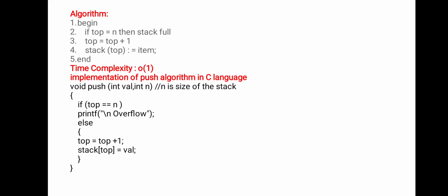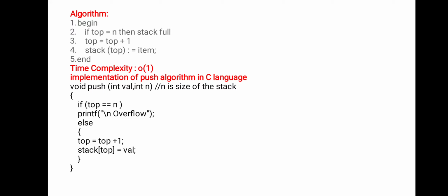Otherwise, if the stack is not full, meaning it contains some empty places, at that time we increment the top position by 1 and insert the new element into the stack, and end. That is the algorithm, and the time complexity of the push function is order of 1.